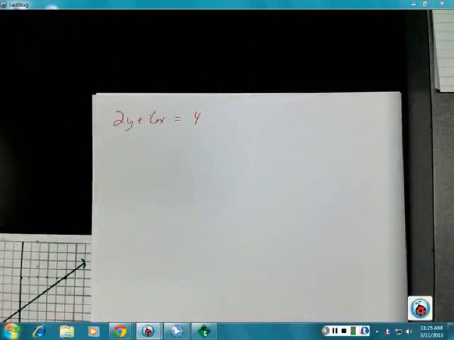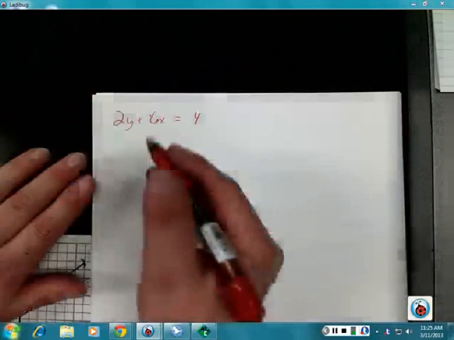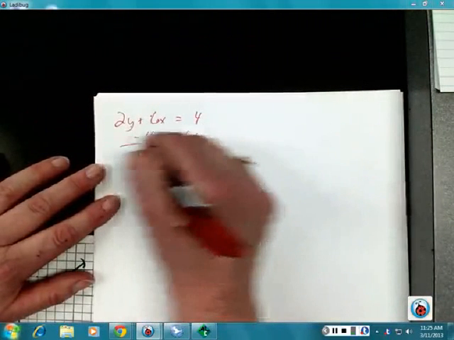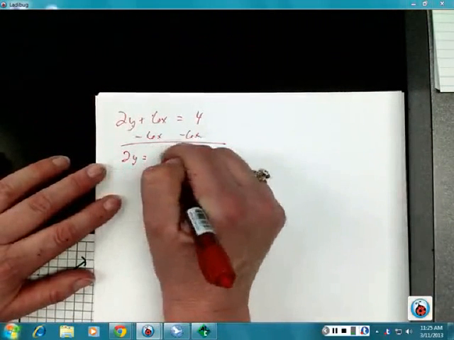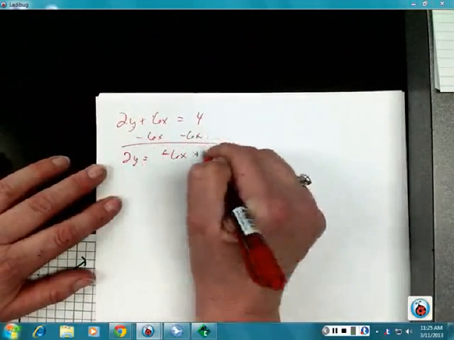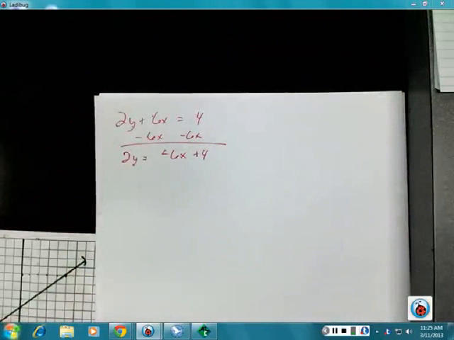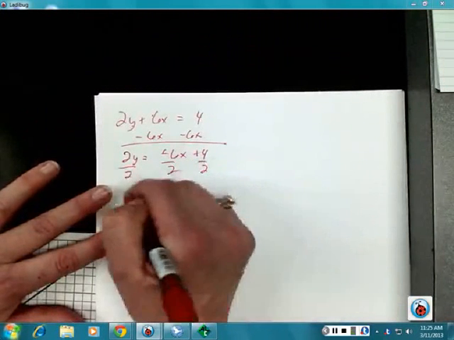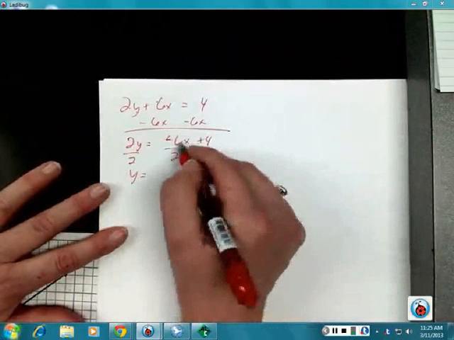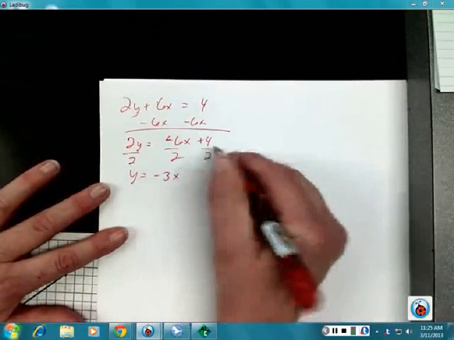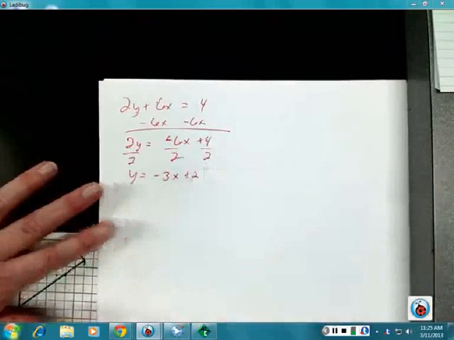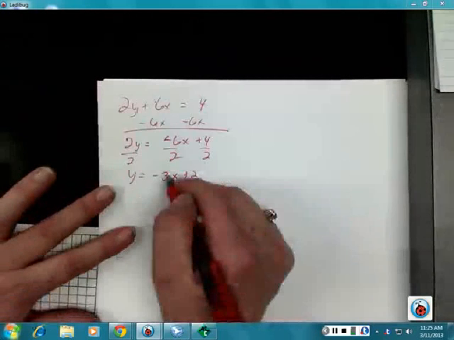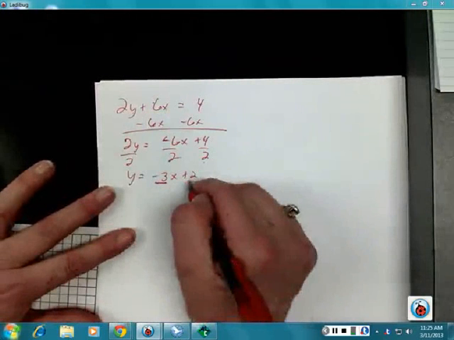So back in chapter 3 we did a lot of practicing getting a letter by itself. So minus 6x, then we need to get y alone, so I'm going to divide everybody by 2. So negative 6 divided by 2 is a negative 3. 4 divided by 2 is a plus 2. And so now I have it in what's called slope-intercept, because my slope is here and my intercept is here.